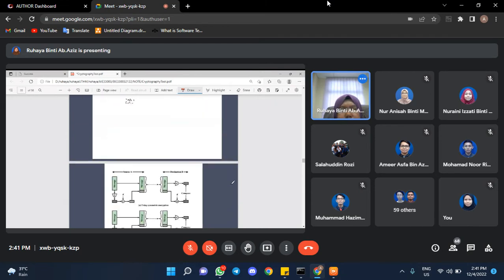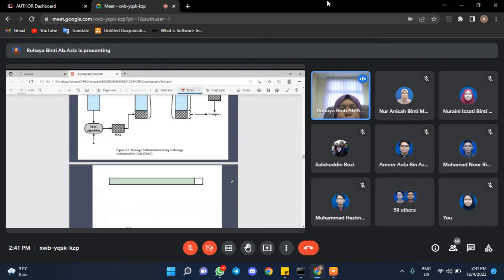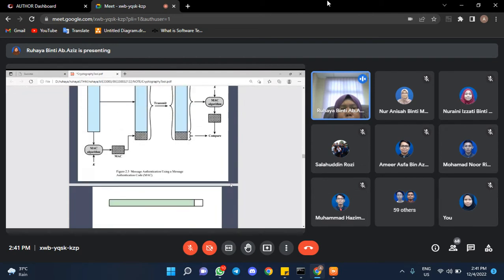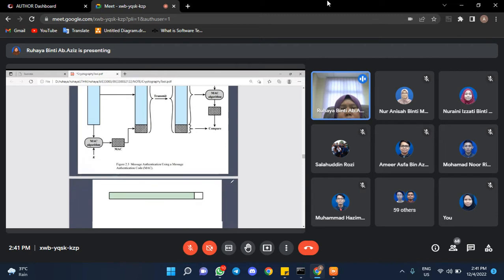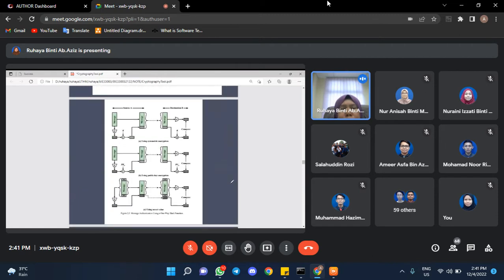So for message authentication, there are three ways using cryptography. We can use symmetric encryption to authenticate our message. If we use symmetric encryption, it just uses one secret key.